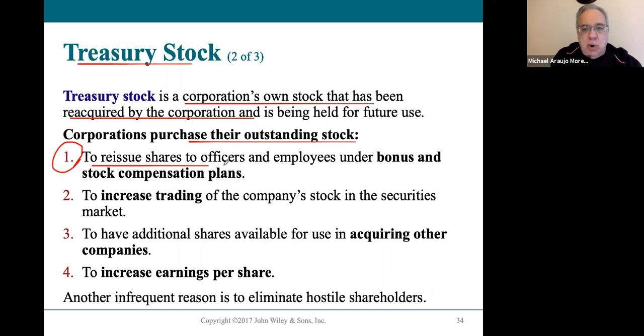So in order for a corporation to give its managers shares of stock, it has to own it first. And the only way they own it is to go and buy it. So that's important to know. There are other reasons why they buy their own stock, but the most reasonable one is number one.